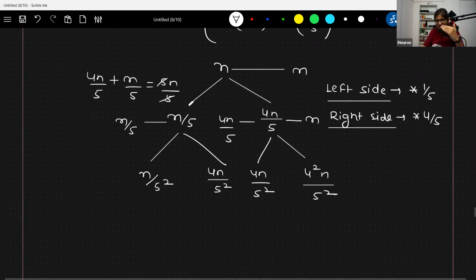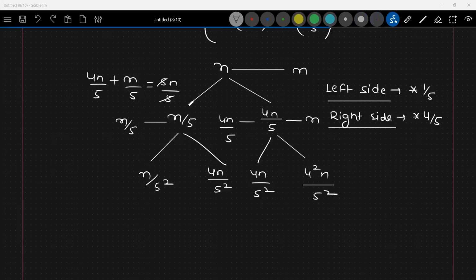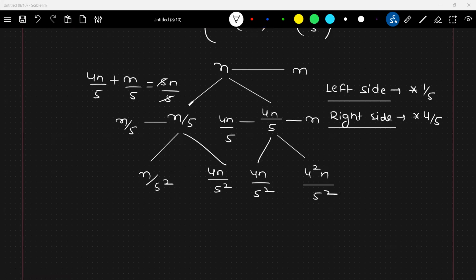Now solve it further and give me the answer. One answer I got is n into log n base 5. Any other answer?